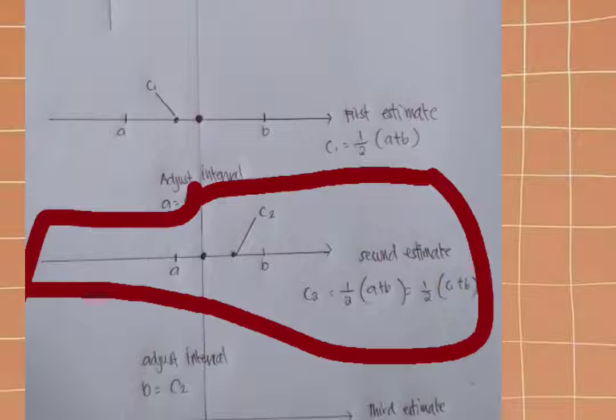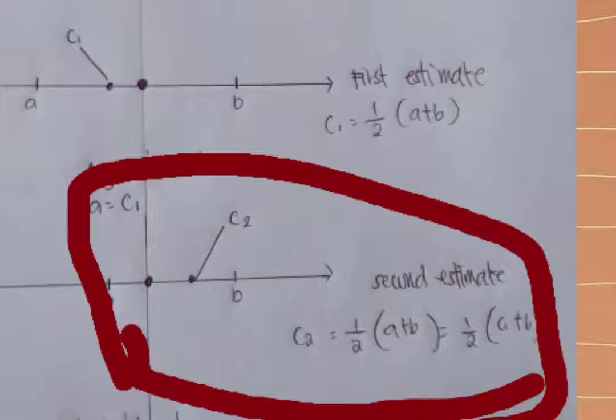So in step 5, if f of A and f of C1 have opposite signs, it assumes that the root we're looking for lies in that interval. Otherwise, if f of A and f of C1 do not have opposite signs, then the root must be in the interval between C1 and B. We will repeat steps 2, 3, and 4 using that interval instead.